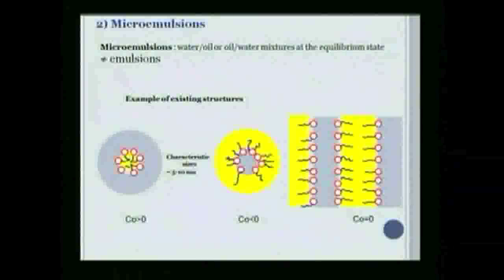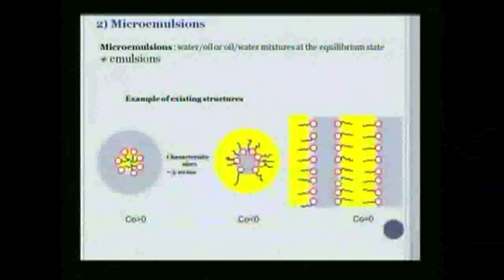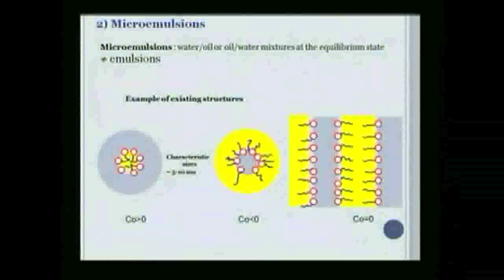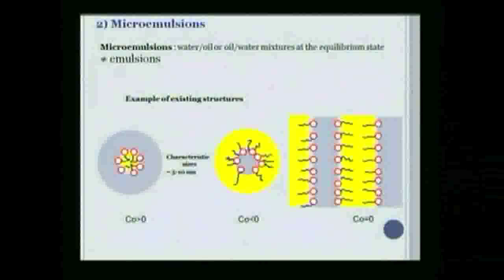So now, instead of having only the hydrophobic part together without anything, you will have oil at this place. You can swell the micelles with a certain amount of oil. And the characteristic size of this swollen micelle is very small. It's a little bit more than the classical micelles that we have described in this lecture, but it's not more than 10 nanometers. Generally, emulsions are bigger. This is probably the reason why it has been named like this.